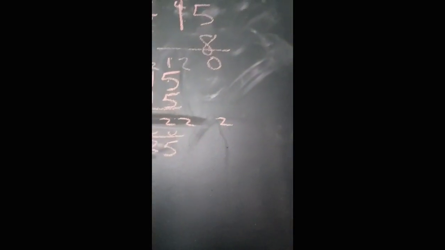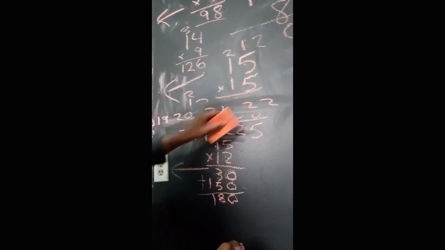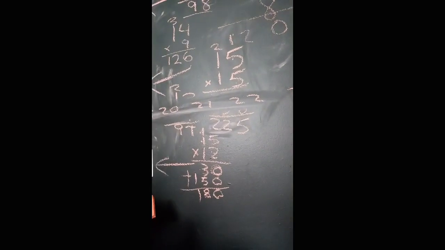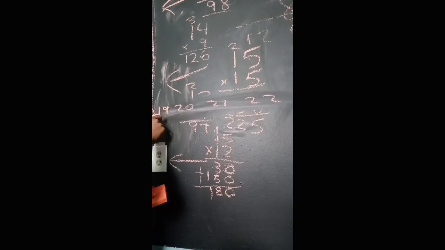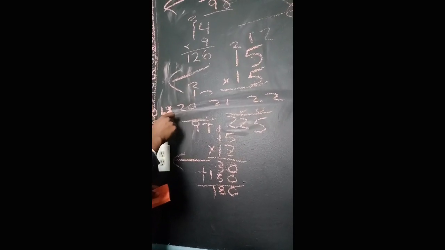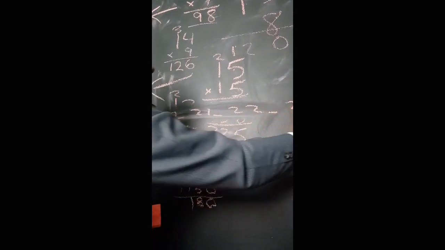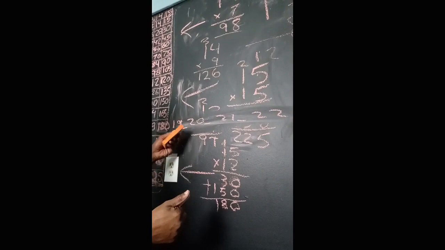Oh, wait, what did I say? Did I say 25? No. I meant 19, 20, 21, 22, 24. Now watch this. Those are the hundreds place. This is the tens place, and we're missing the what place? What place are we missing, guys?